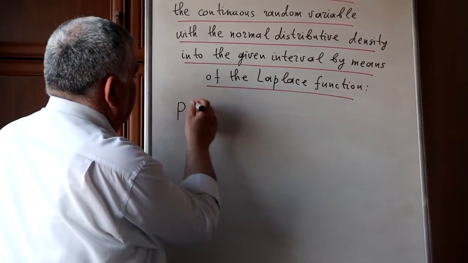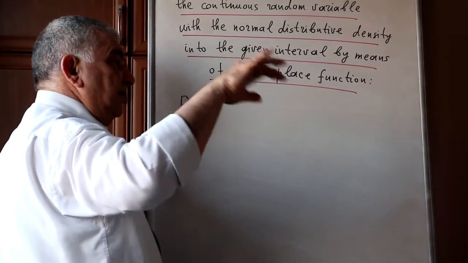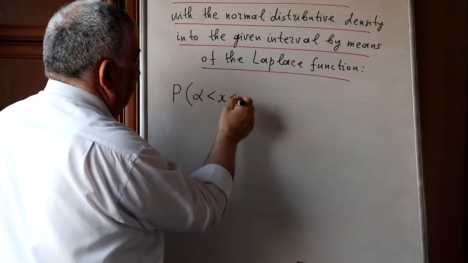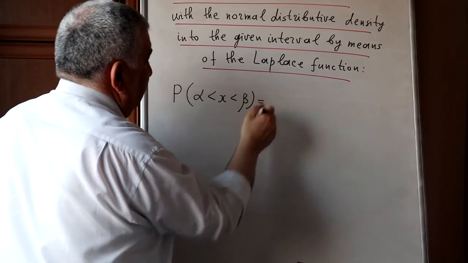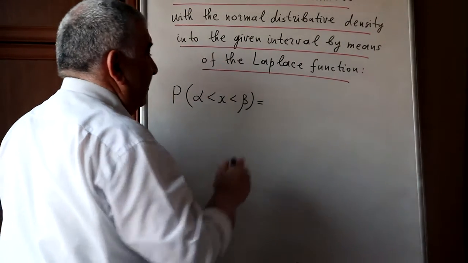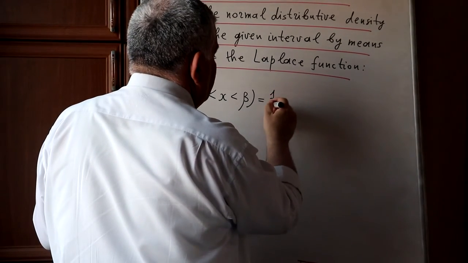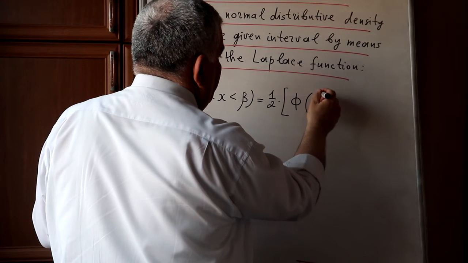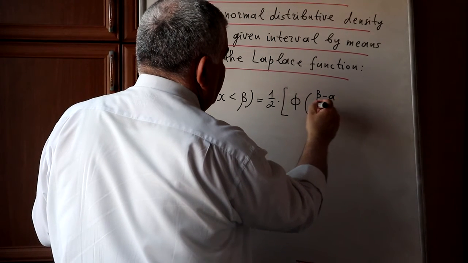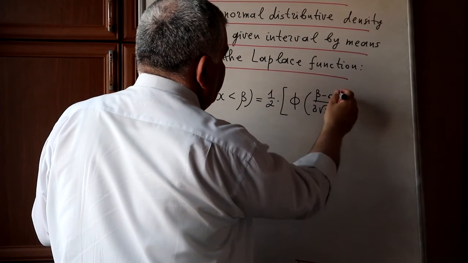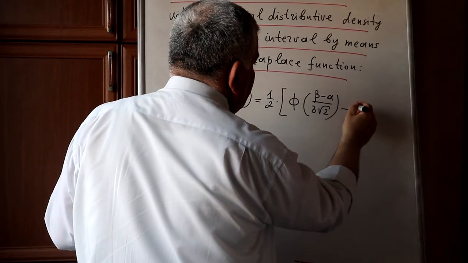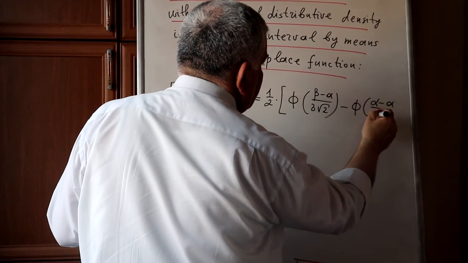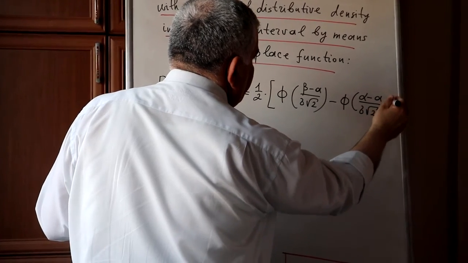P that the continuous random variable will be situated between alpha and beta is equal to 1 second multiplied by phi of beta minus a over sigma square root of 2 minus phi of alpha minus a over sigma square root of 2.